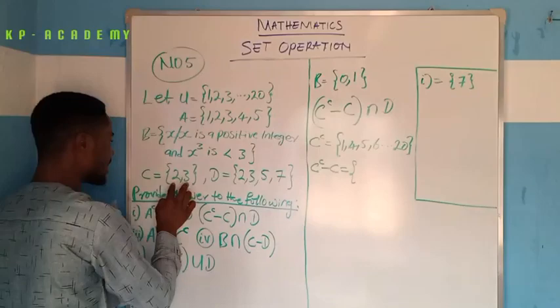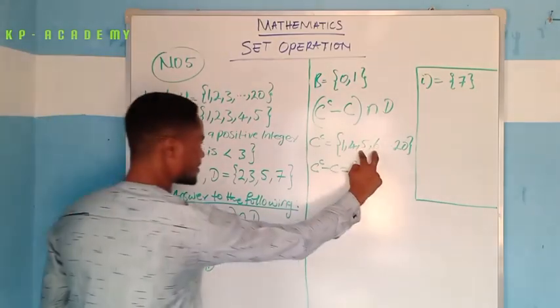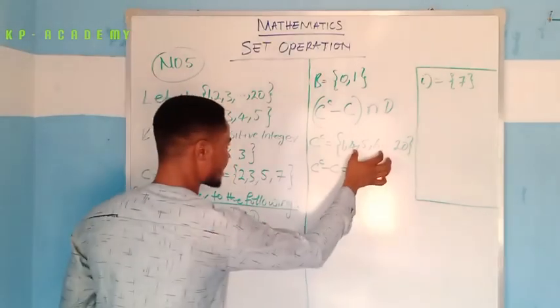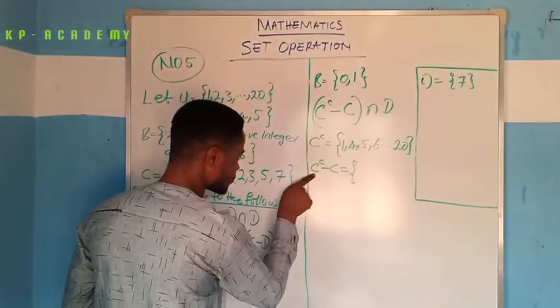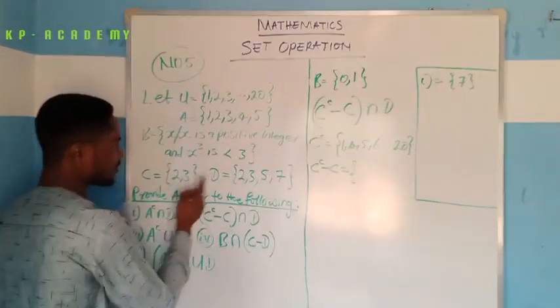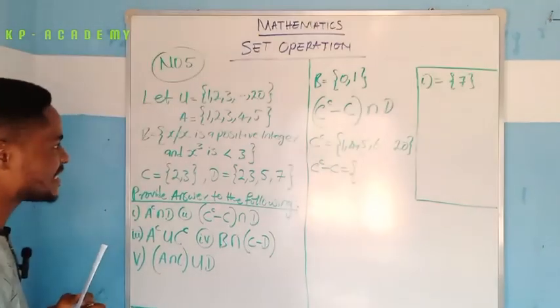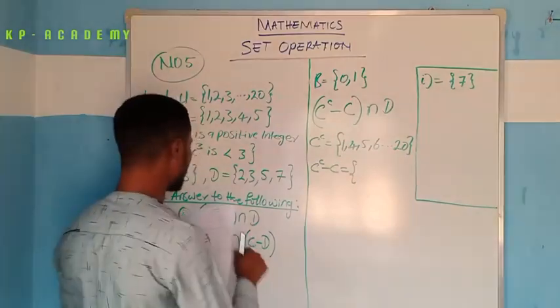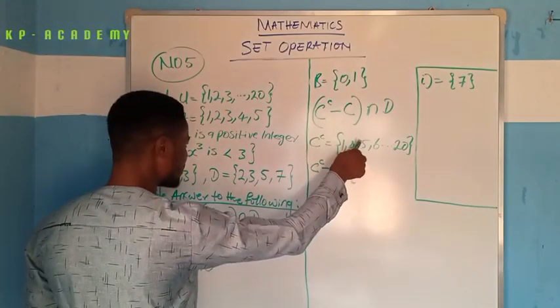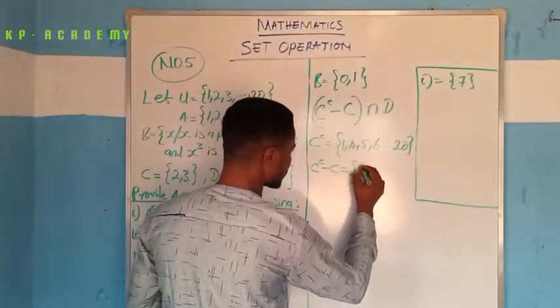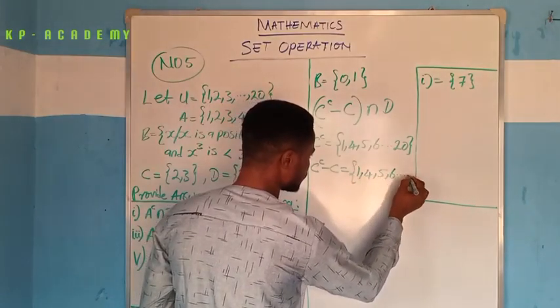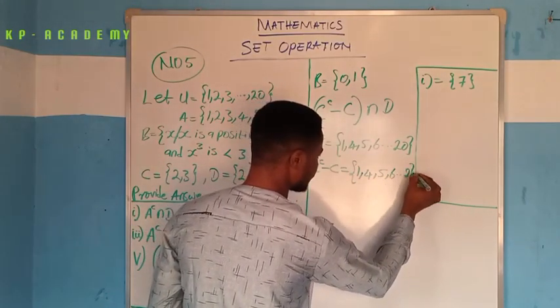Let me say it again. Take out what this set and this set have in common. Take what they have in common, take it out, then write only the answers that are in the first set, which is this. Okay, and of course, if you check carefully, they do not have anything in common. So since they do not have anything in common, it will mean that the answer of this and this will still be this, which is nothing but 1, 4, 5, 6, down to 20.